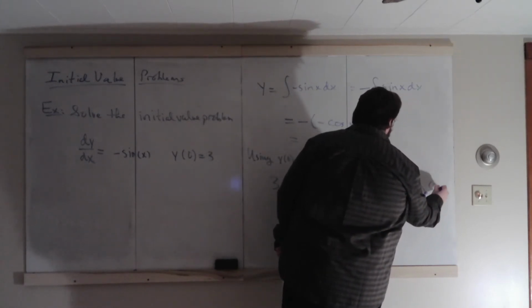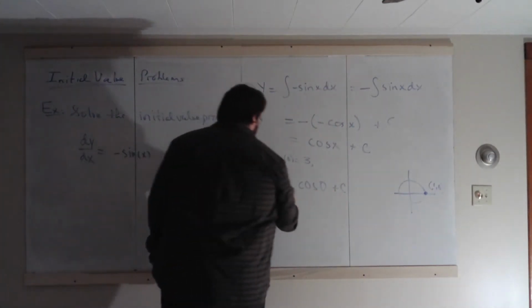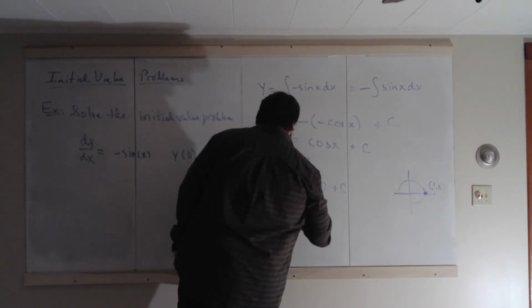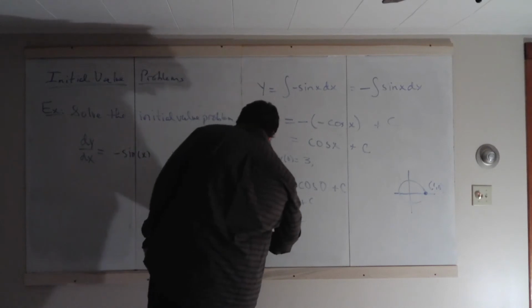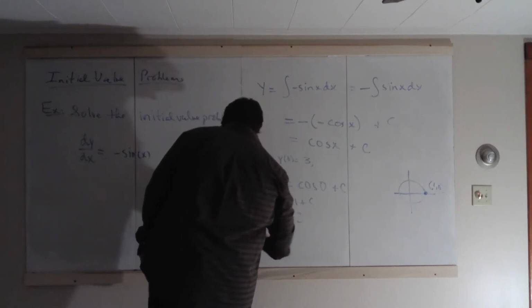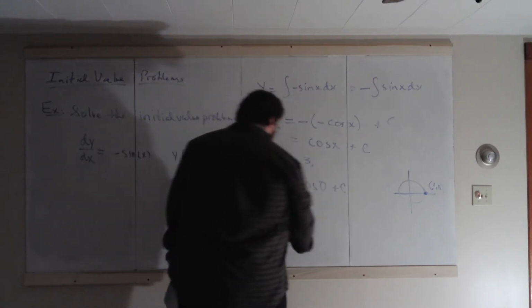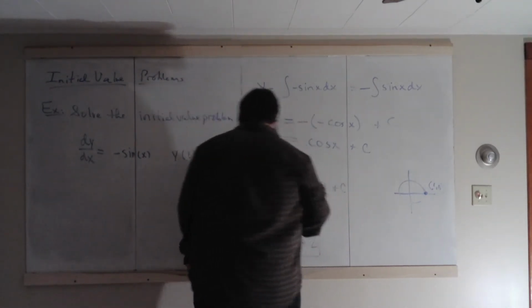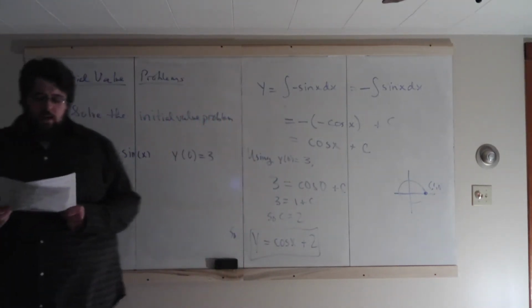That ordered pair is (1, 0). So cosine of 0 is 1. So 3 equals 1 plus c, so c equals 2. So to solve this, y equals cosine of x plus 2. So initial value problems could be phrased like that.